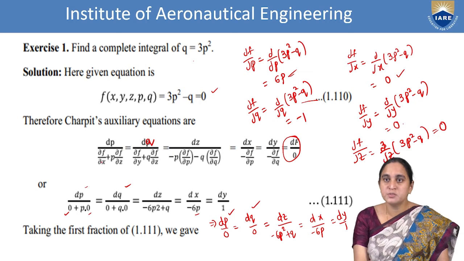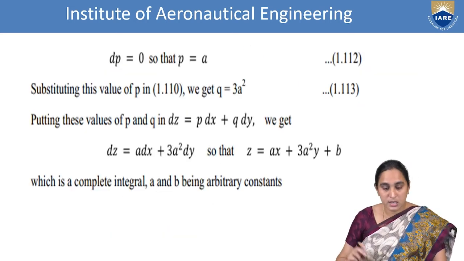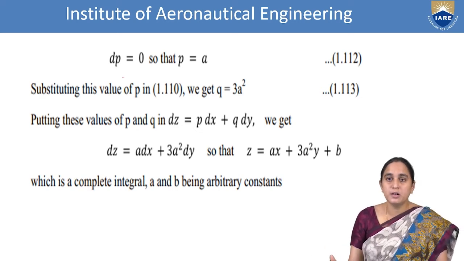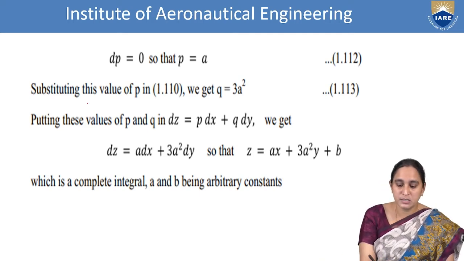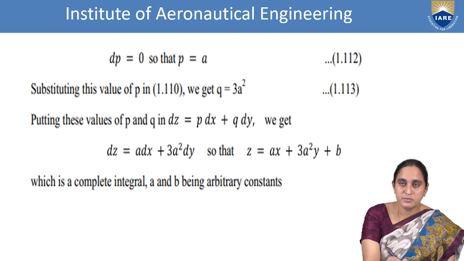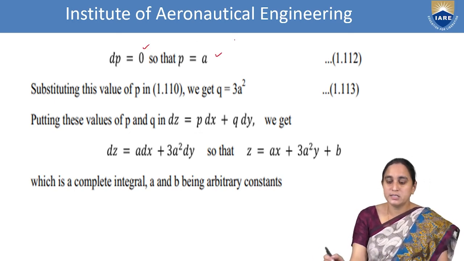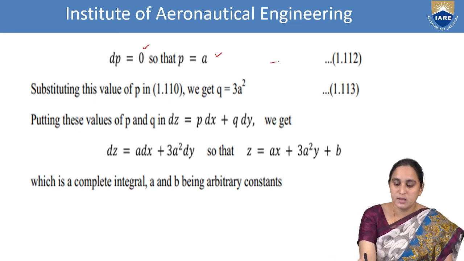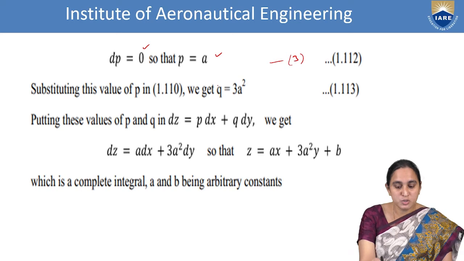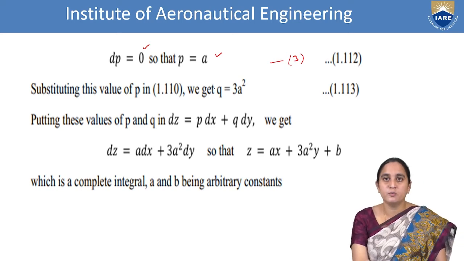From the first two terms only, I easily get p. Here dp is equal to 0, so after integration p is equal to a. From the first two terms I got p = a. Let us take that as the third equation. Okay, now substitute that p value in the given question.